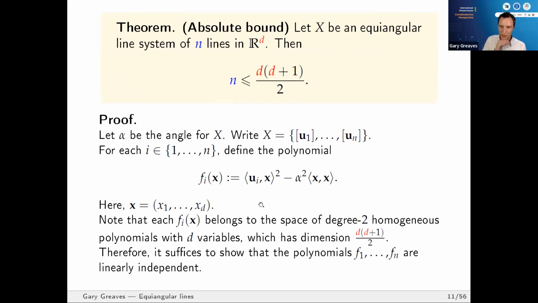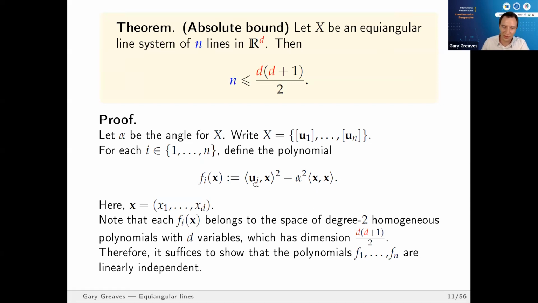And so the first thing to observe here is that this polynomial consists of monomials that have degree 2. So we say it's a degree 2 homogeneous polynomial. So every monomial in this polynomial has degree 2.